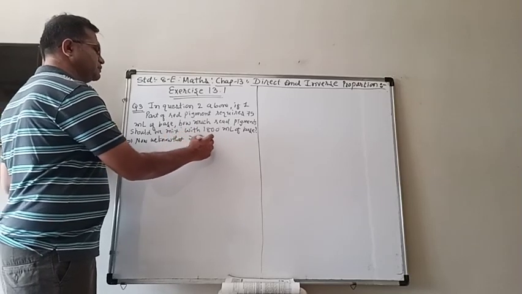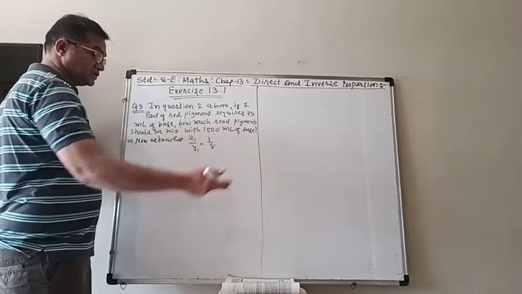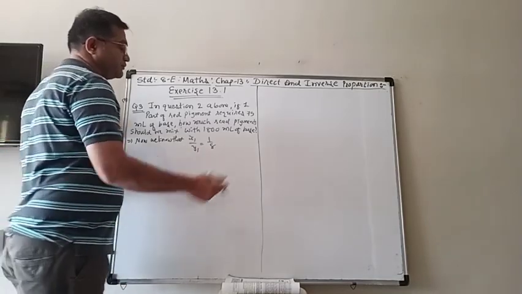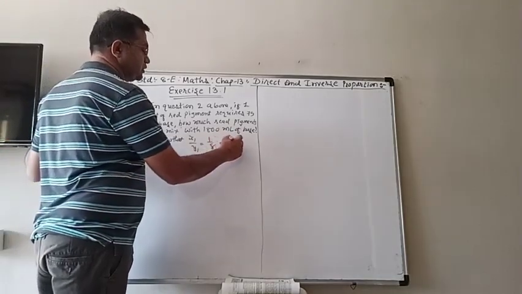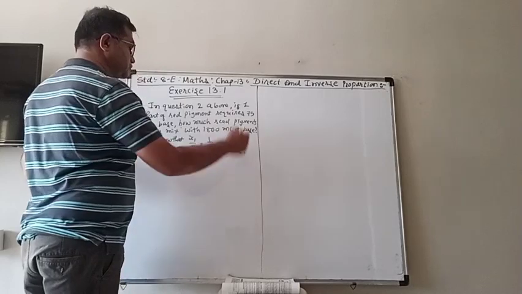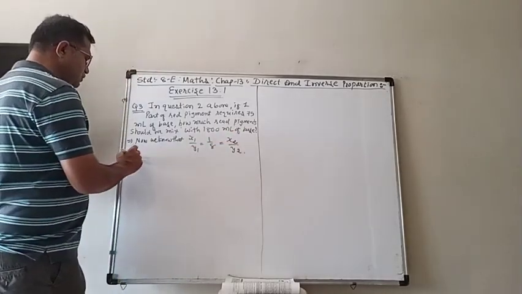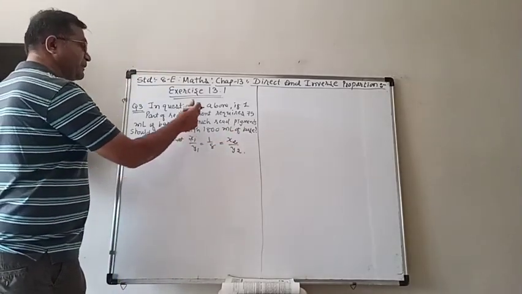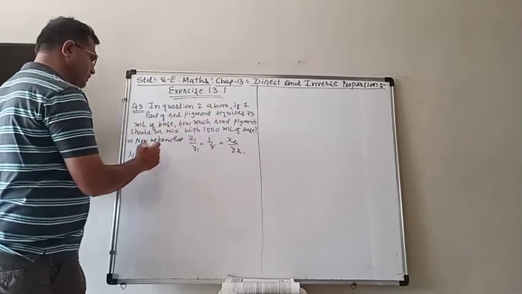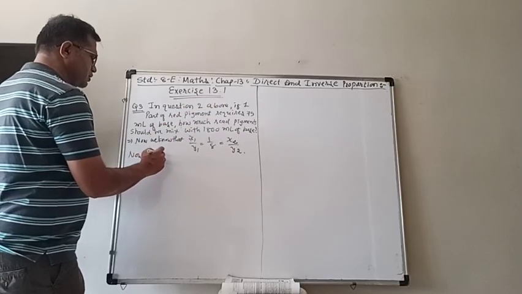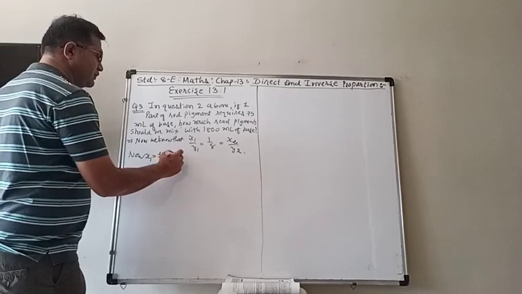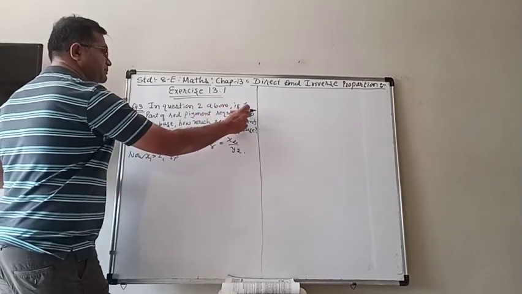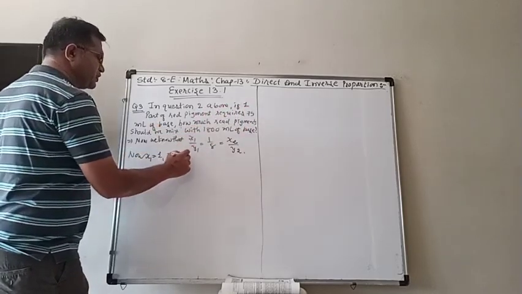x1 upon y1 is 1 upon 8, that was in the given situation, is equal to x2 upon y2. So now we will take x as a part. So how many parts? 1 part. And y1, for 1 part how many base required? 75 milliliter.